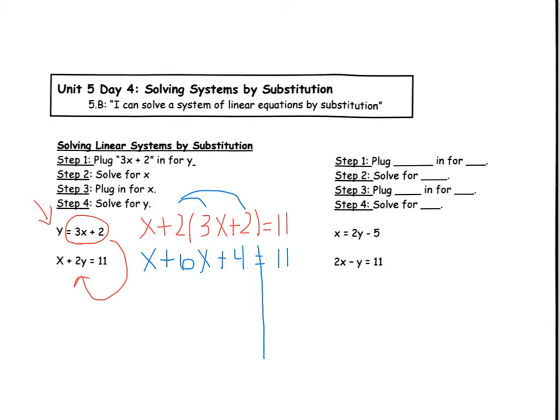Draw your line. x and 6x is 7x plus 4 equals 11. Subtract 4. 7x equals 7, divide by 7, and x will equal 1.